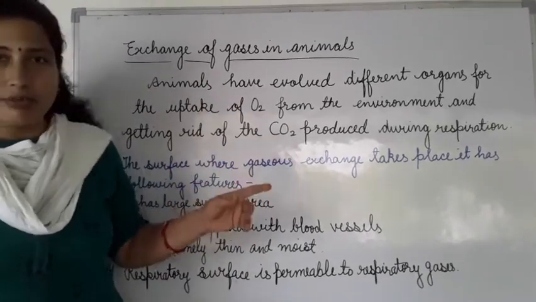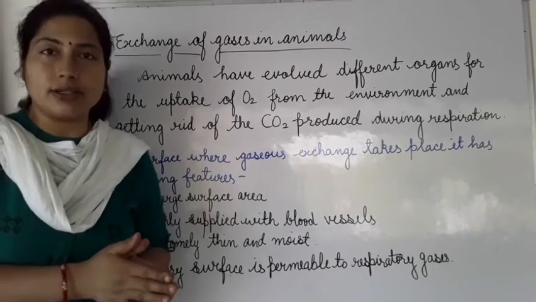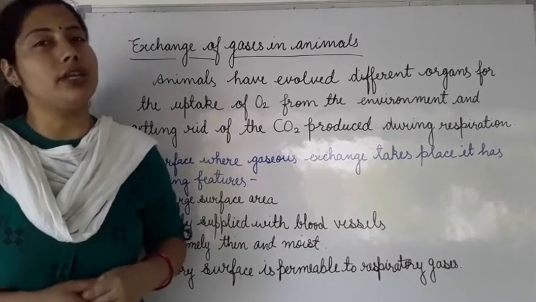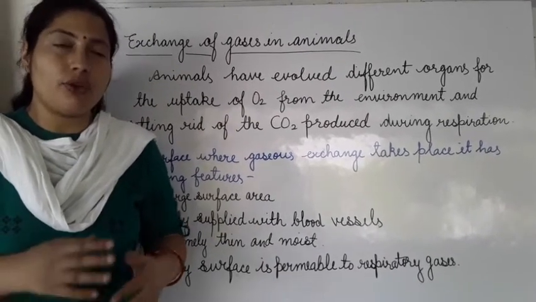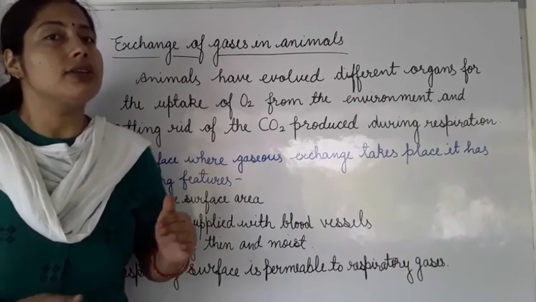So animals have various organs, and these organs work together and constitute a respiratory system. Okay, and the surface from where the exchange of gases takes place is called the respiratory surface.